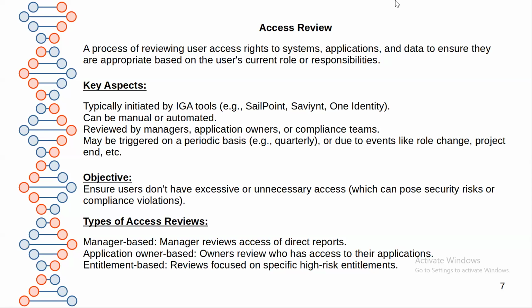Let's suppose I want to review all the accesses in the finance department. I will write a policy defining who should be part of it: all the finance department people, meaning department equals finance.